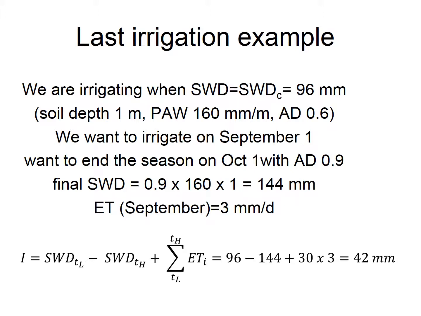For instance, we are irrigating following the rule that we apply irrigation whenever the soil water deficit is equal to a critical soil water deficit of 96 millimeters. This comes from a soil depth of 1 meter, plant available water of 160, and allowable depletion of 0.6.